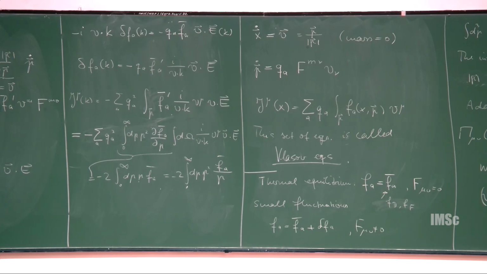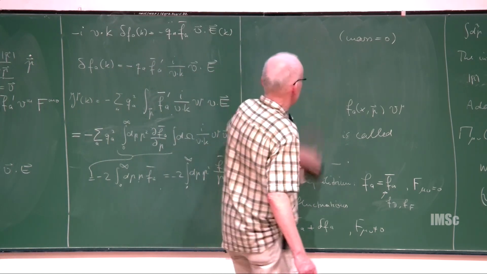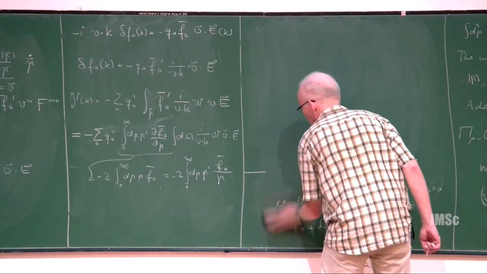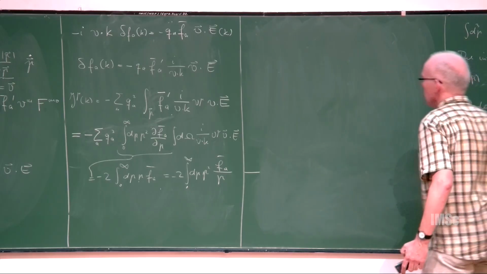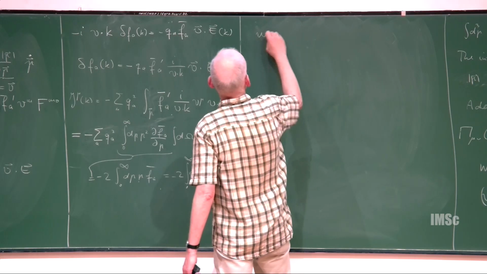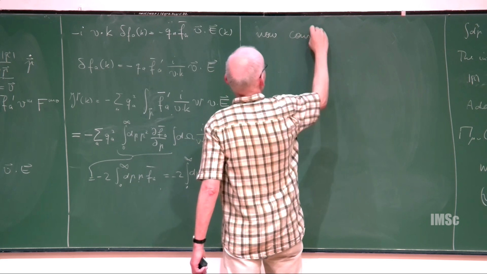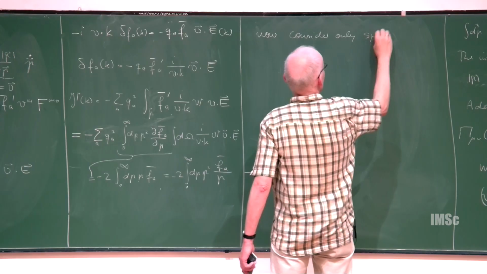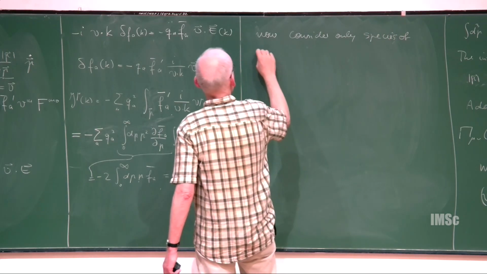Now we have to do this integral, so we have to know what the equilibrium distribution is. For simplicity, we specialize to the case of electrodynamics with just electrons. Consider only one species of fermions.